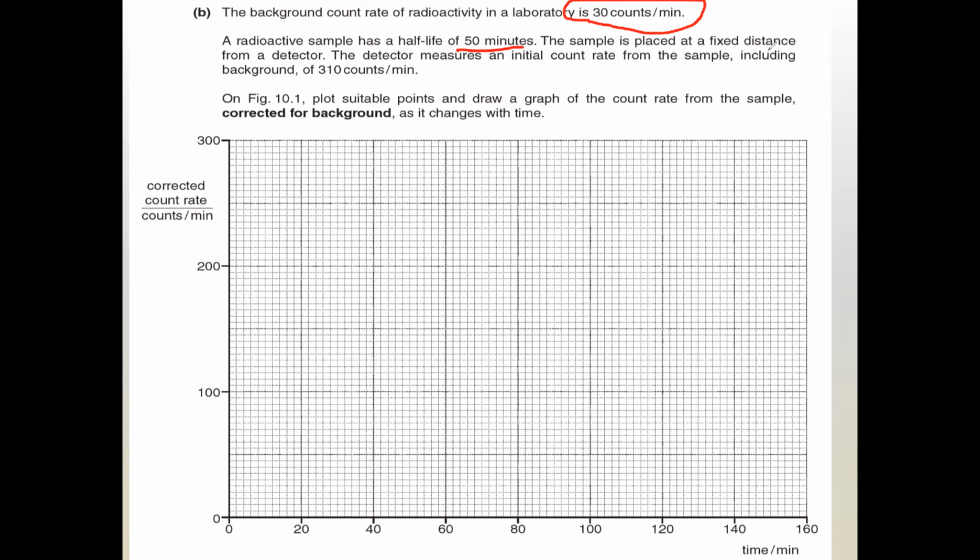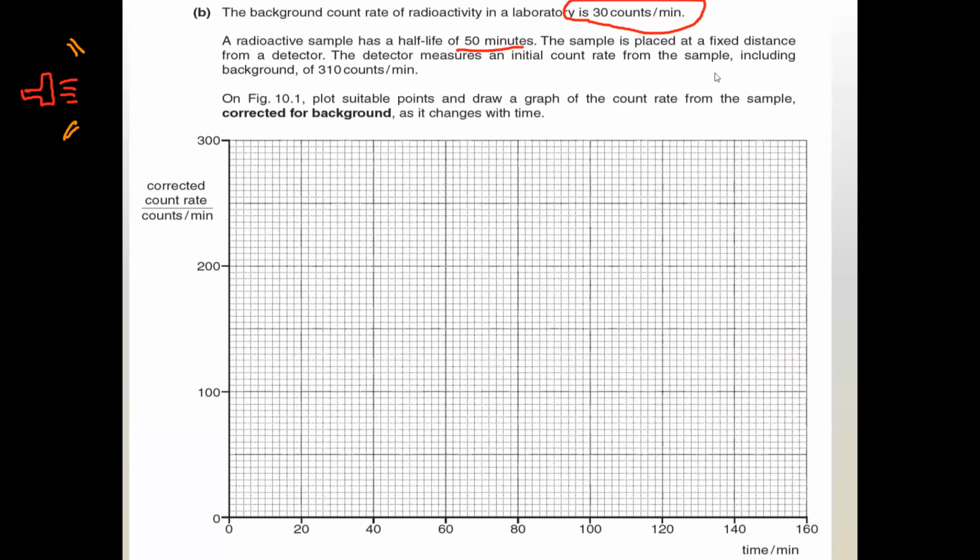The sample is placed at a fixed distance from a detector. Again, a similar type of question: you have a source, and the source is emitting radiation, and there are radiations from the background surroundings as well.